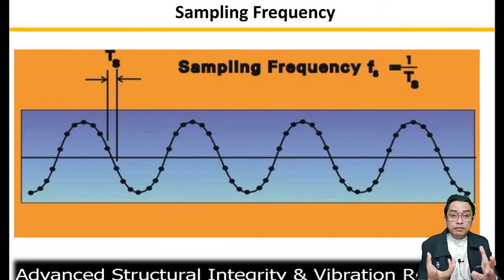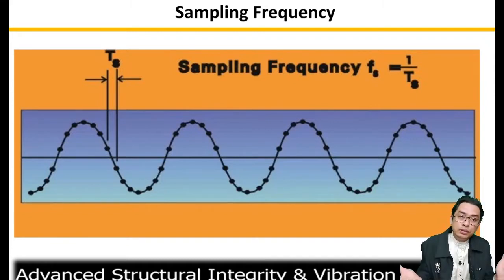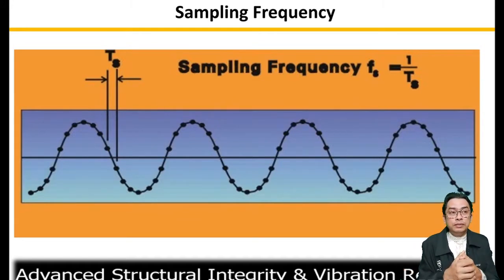We need to understand a few things about the sampling process. First, we need to understand the term sampling frequency. What is actually sampling frequency? If we have an analog signal, we convert it into samples.